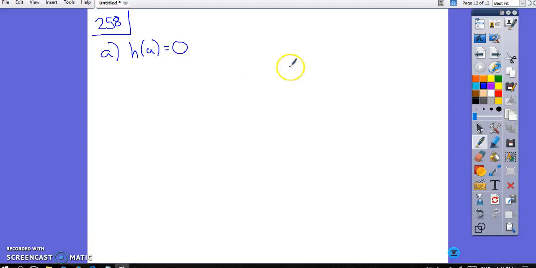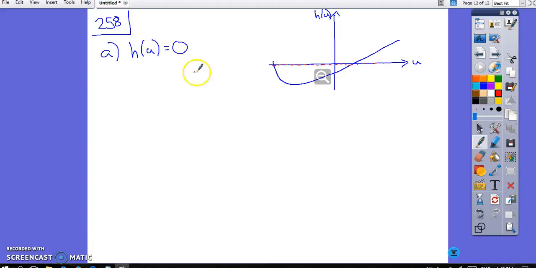All we need to do here is, if I do a little sketch of the graph, it goes like this, and then up, like that. We need to find out at which point the function value is equal to 0. So this is u, and this is h of u. And h of u is 0 along the x-axis, or in this case the u-axis. So we need to find this point here and this point here.